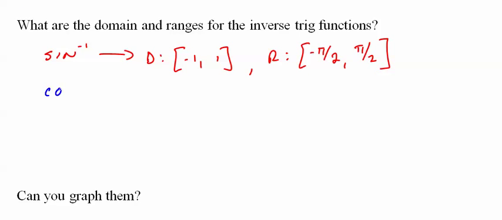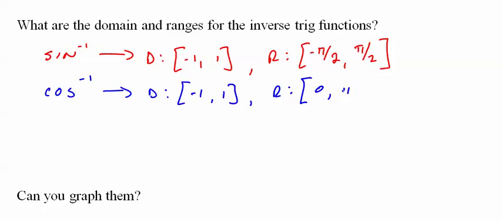Cosine, like I defined it above, domain is the same, -1 to 1, and the range I think I just defined from 0 to pi. I did. Inclusive.